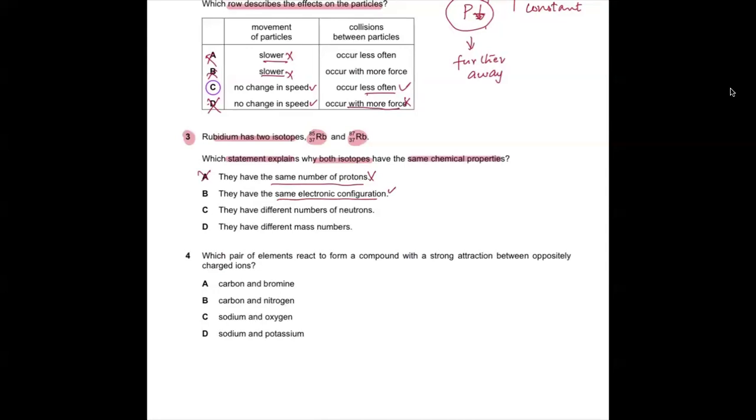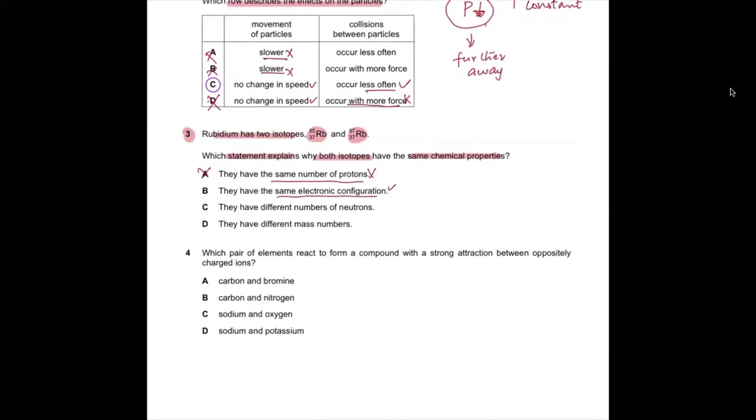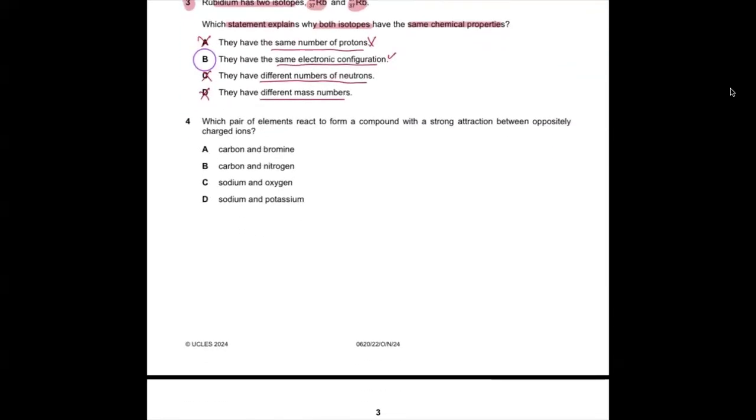Yes, because the same number of electrons in each shell impacts their chemical properties. A different number of neutrons and a different mass number are physical properties. So B is the correct answer. The chemical properties depend upon the electronic configuration.